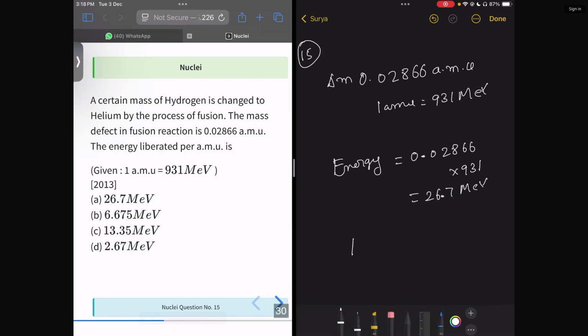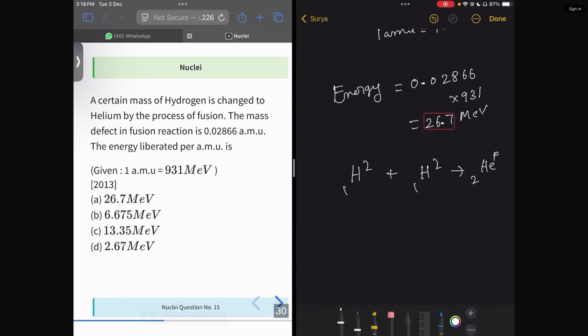The process of fusion will be two hydrogens forming helium, right? We are asking the energy liberated, so the total energy liberated will be 26.67 million electron volts. So next question.